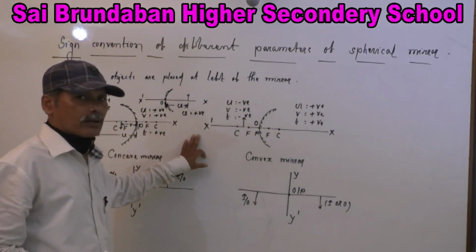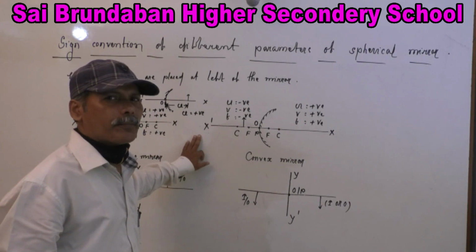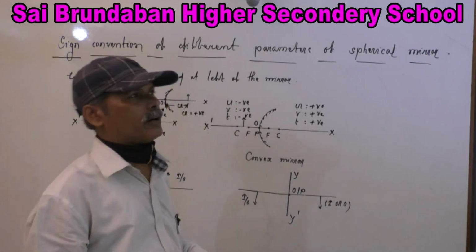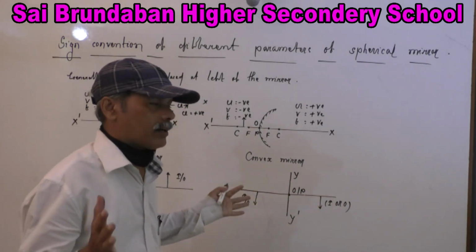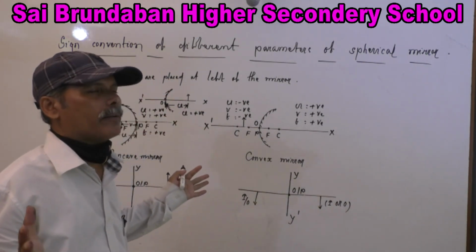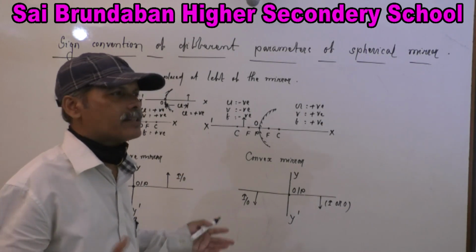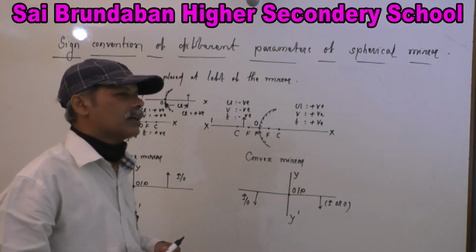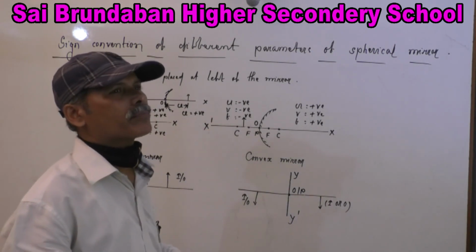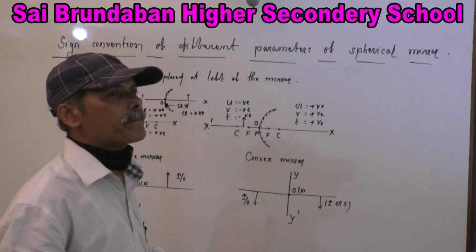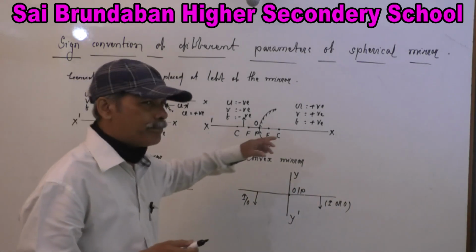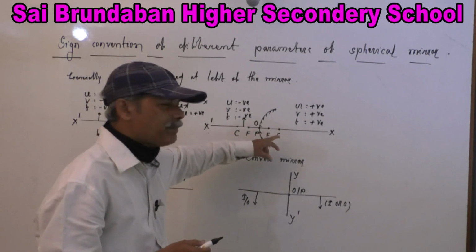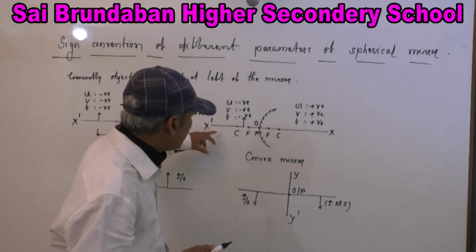I am telling that when you are taking the sign convention of object distance, image distance and focal length, you must give the sign with reference to the x-axis.